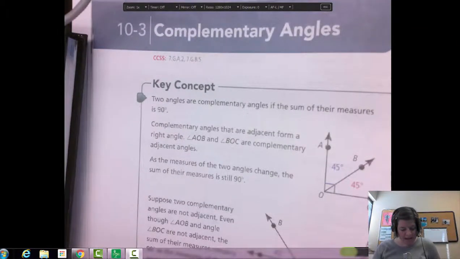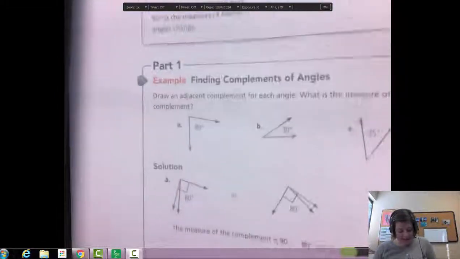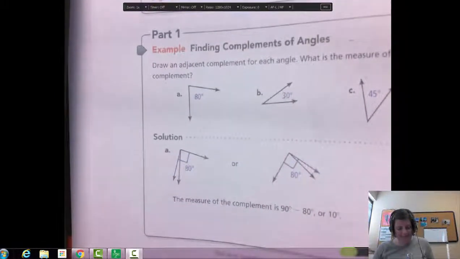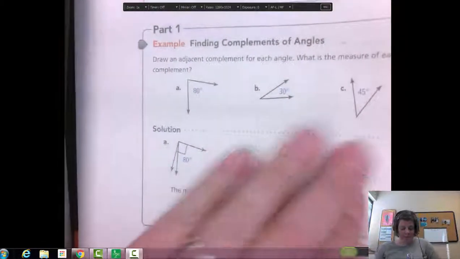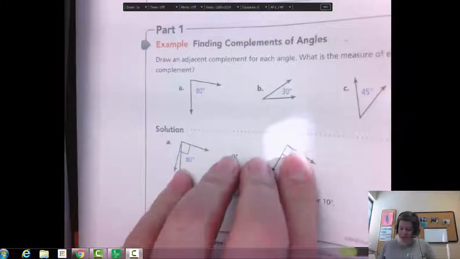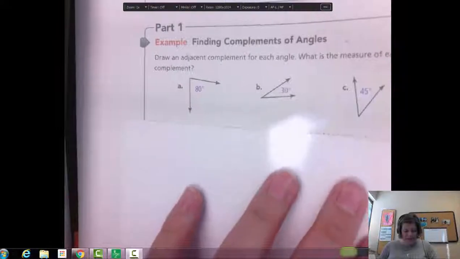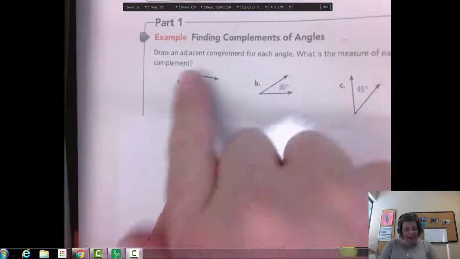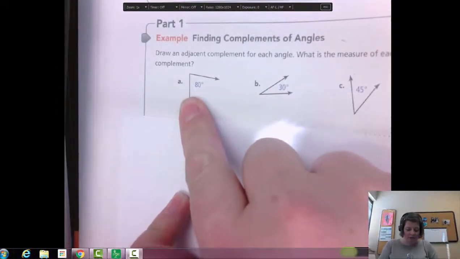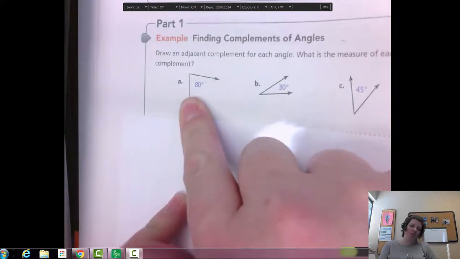Okay? Let's see here. If I had something like this, I don't want you to see my solution here. Okay, ta-da, there we go. If I have angle A, here it is, it's 80 degrees. What would be the measure of its complement?